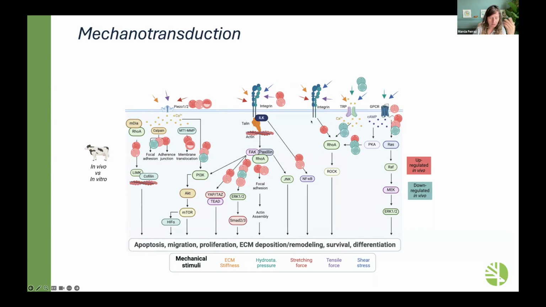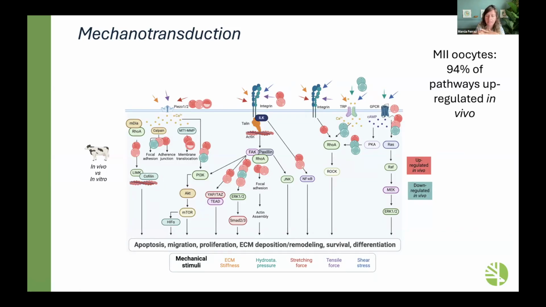But interestingly, since we're talking about oocyte maturation, 94% of these mechanotransduction pathways were upregulated in vivo, meaning that, yes, during maturation and during embryo development, these mechanical forces are modulating this embryo. What are the responses? We don't know. It's something that was not really well investigated, but it's something we've been working on.